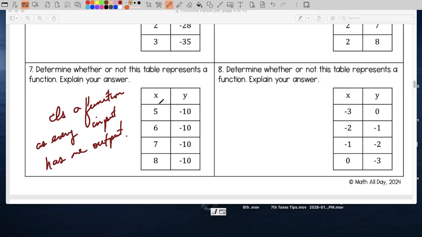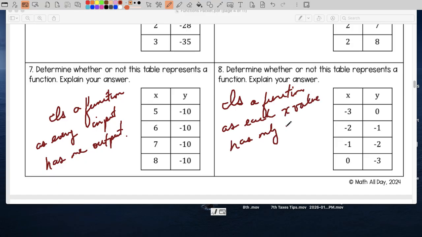Nothing else comes out when you input 5 except -10. -3 has an output of 0, -2 has an output of -1, -1 has an output of -2, 0 has none. Do you see any repeating values in the x? No, so we have only one -3, only one -2, only one -1, and one 0, right? So for each, what we can say is a function as each x value has only one output.